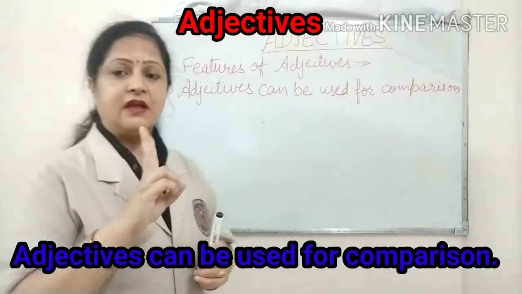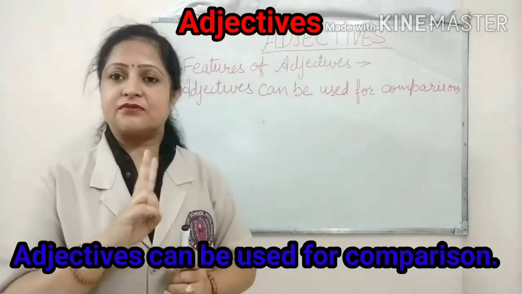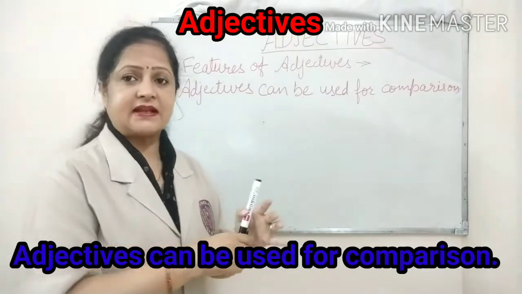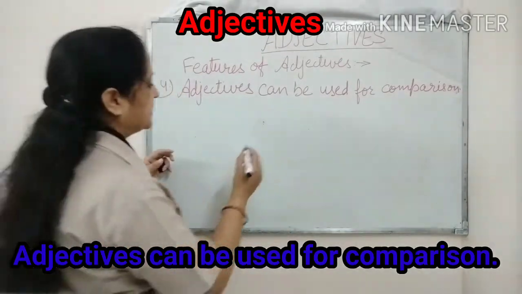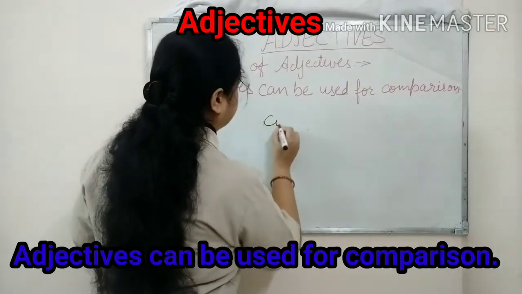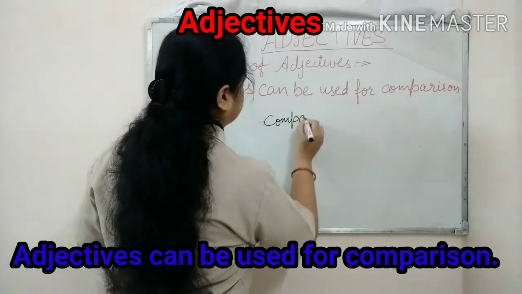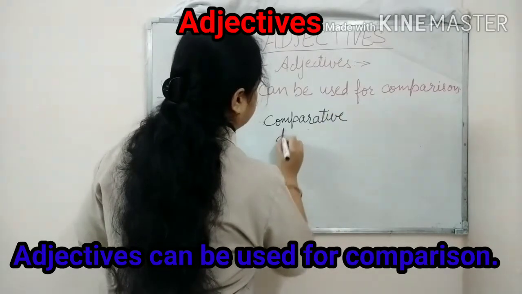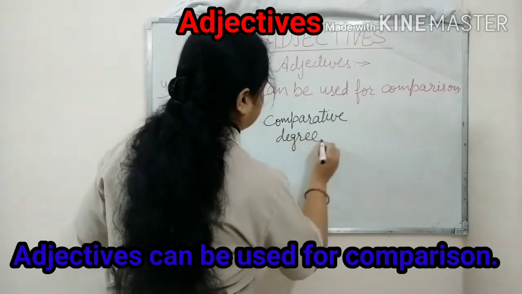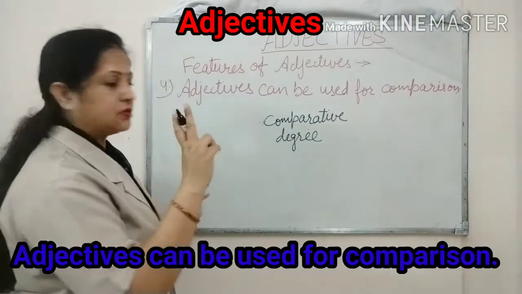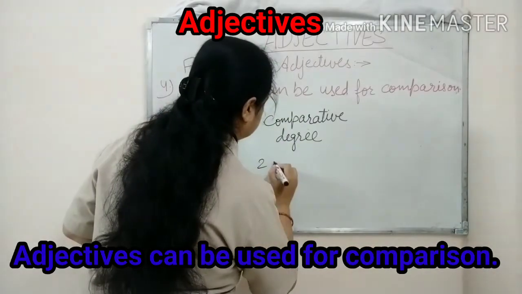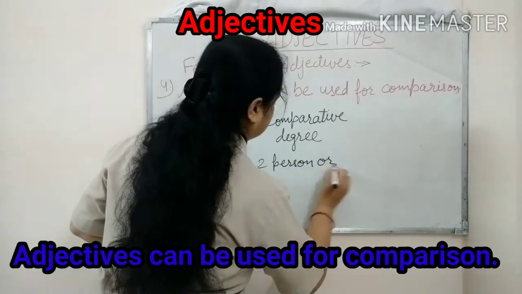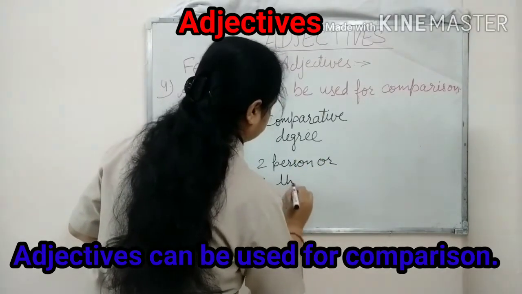So I told you there are two degrees to compare with adjectives. The first degree is called the comparative degree, which is used to compare between two persons or two things.